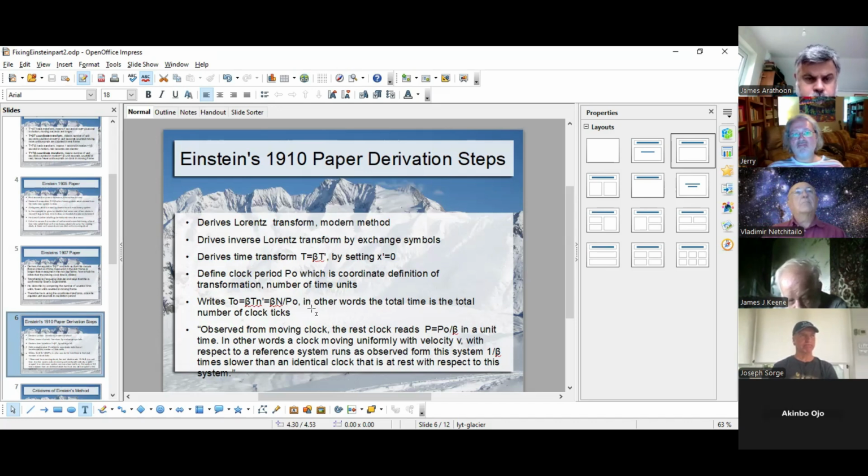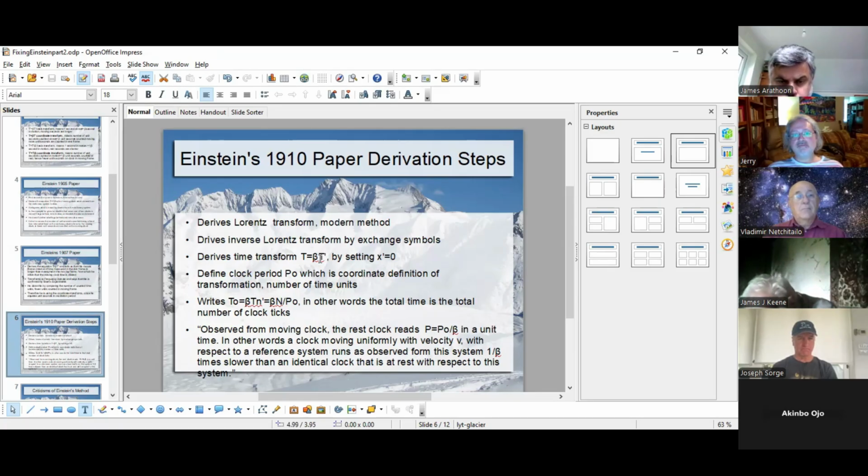Okay. And now this is kind of an important thing that I want to talk about, which is that he writes this equation where the time interval, let's call it T0, equals beta Tn. So now he's saying that these periods of the clock are what is transformed by this equation, T equals beta T prime.